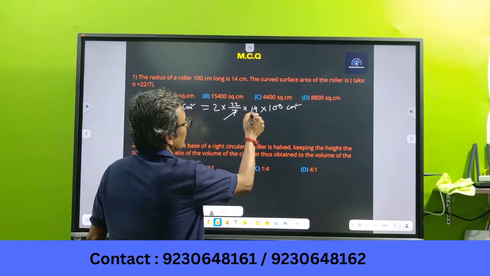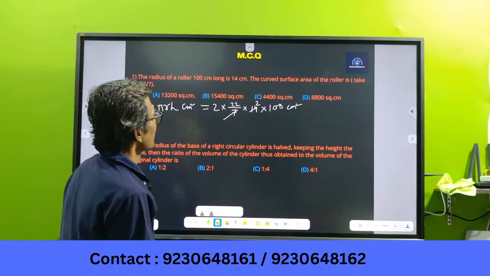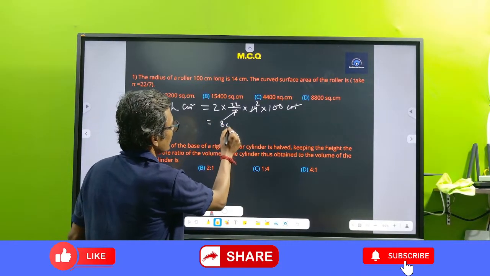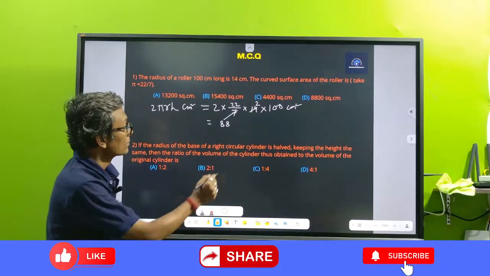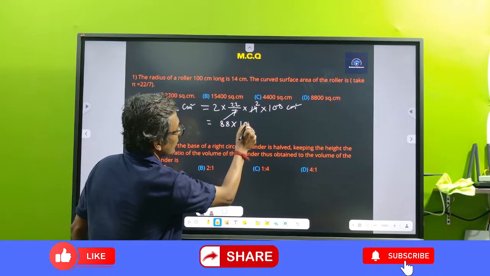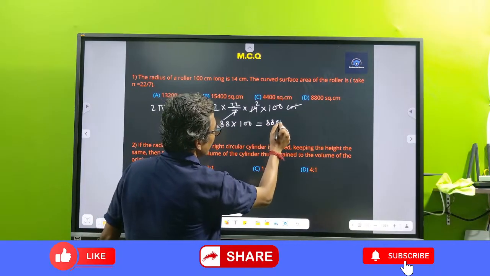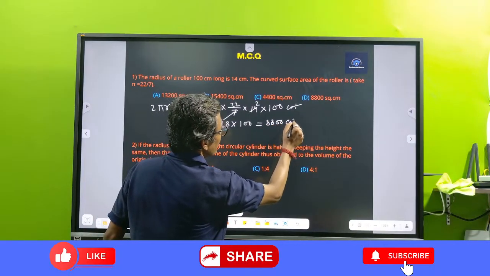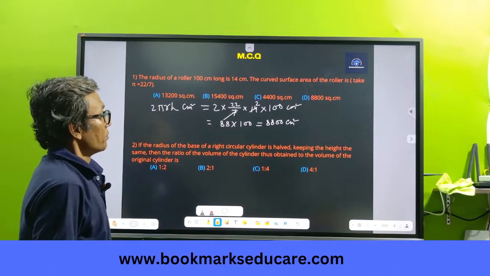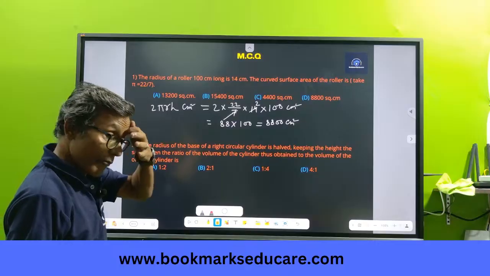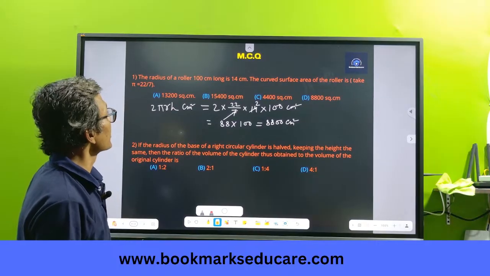So the answer is 8800 centimeter square. So the measurement of curved surface area of the roller is 8800 centimeter square.